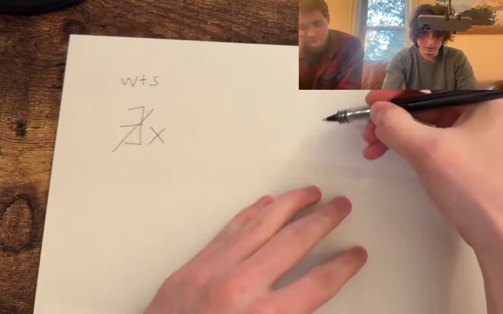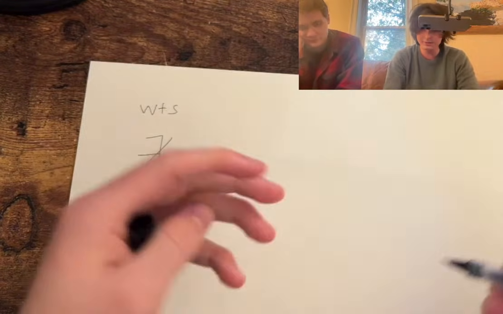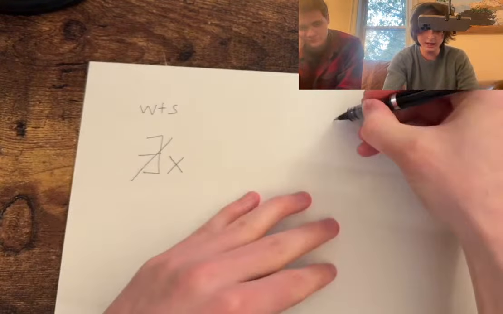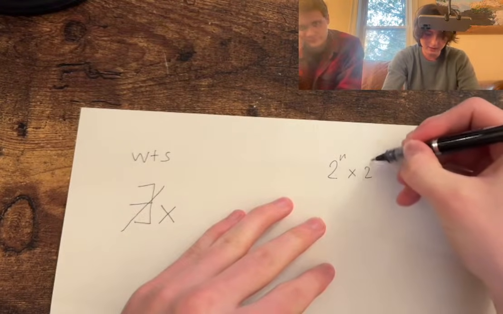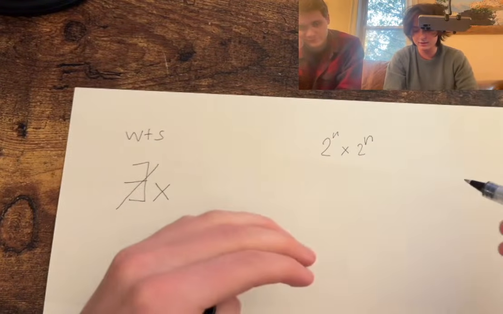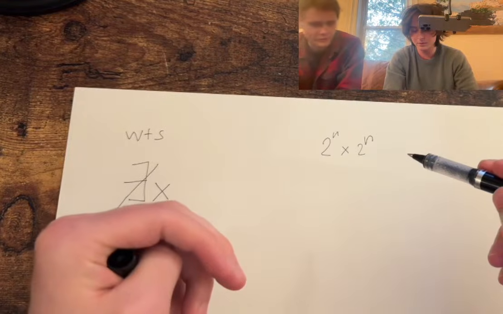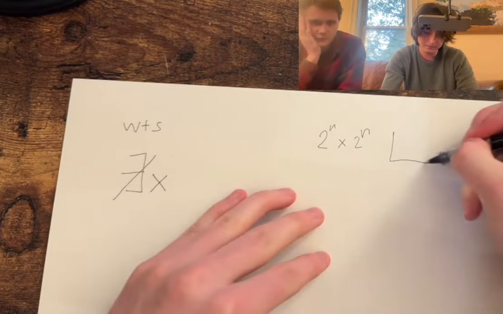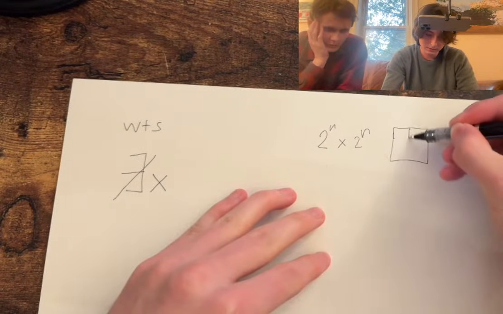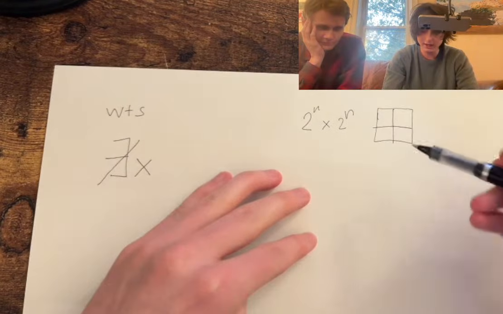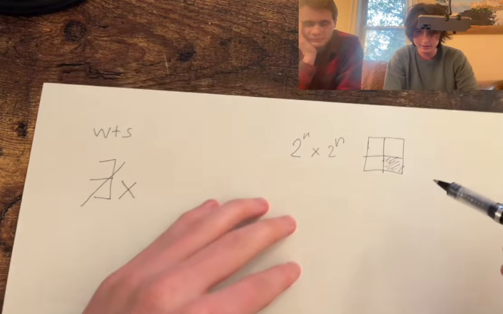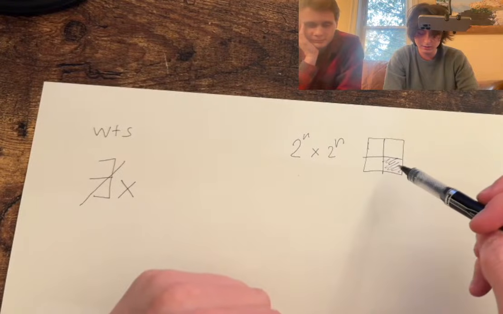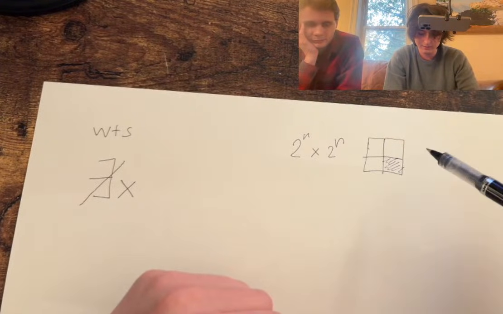But so, the trivial case here, for 2^n times 2^n, it's very obvious that this works with a 1. Draw it out. So any one of these you remove, that's clearly... Is that an L shape?